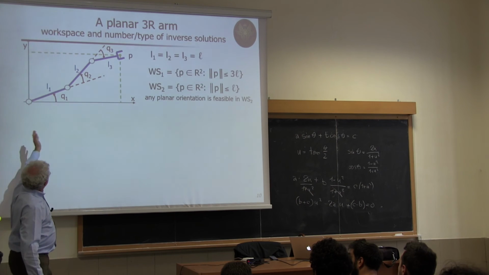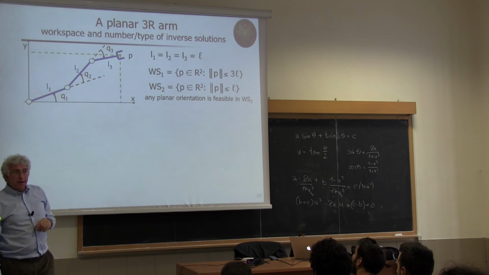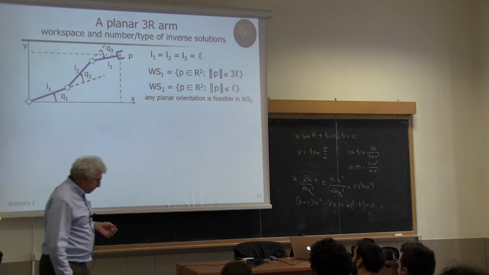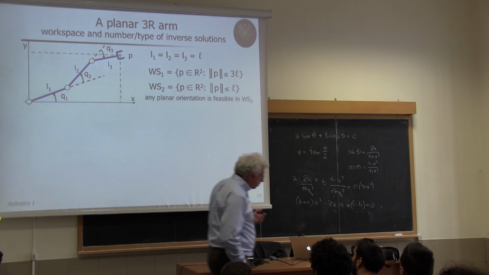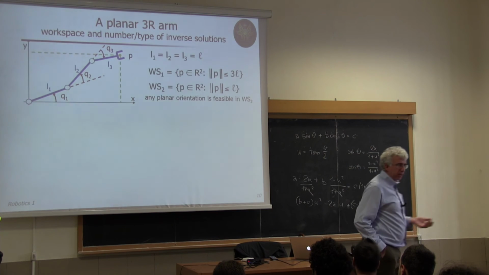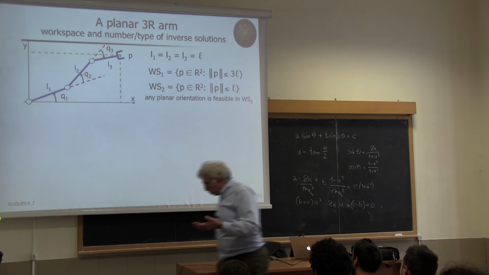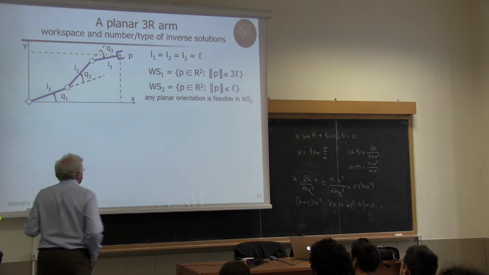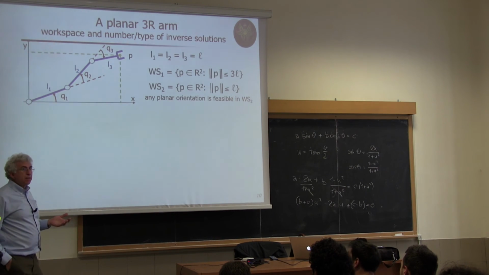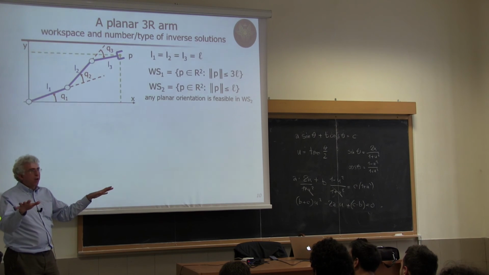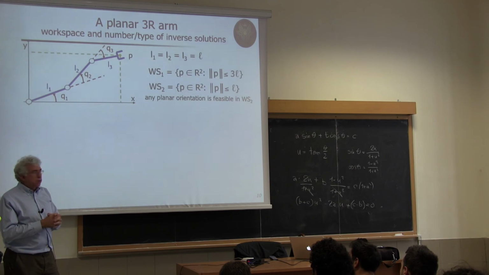So I have a 3-link planar arm, and I'm interested in solving the inverse kinematics. In order to check the number of solutions, I have to describe its workspace. So I try to see what is the workspace, primary and secondary. Okay? And now look, even in this simple case, how things branch out in multiple possibilities.